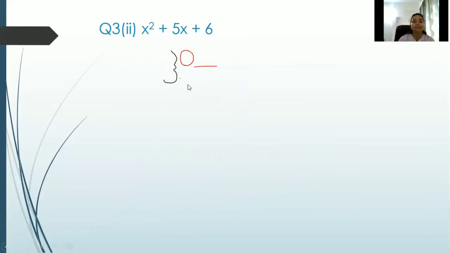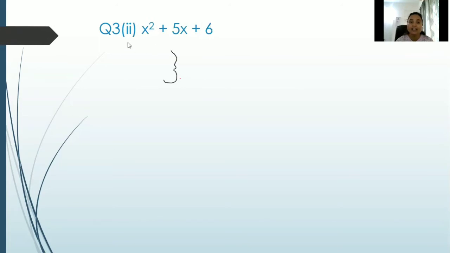See, x squared plus 5x plus 6, right? Just a second. Let me erase this thing. Now see, x squared plus 5x plus 6.